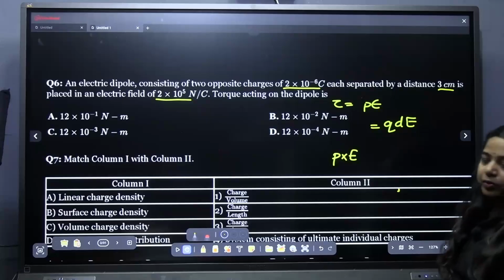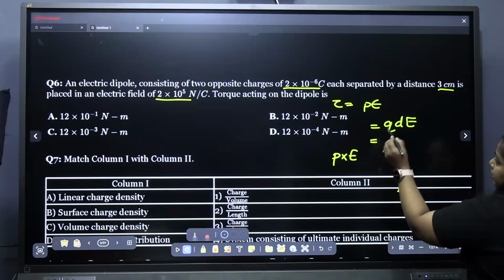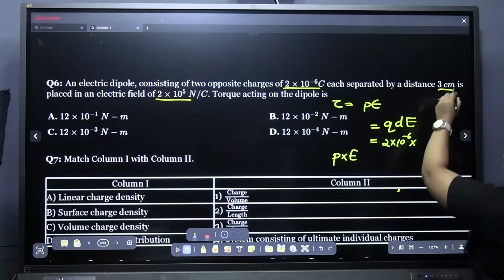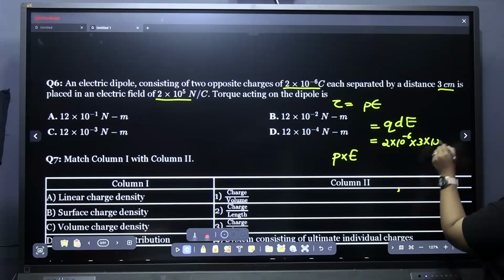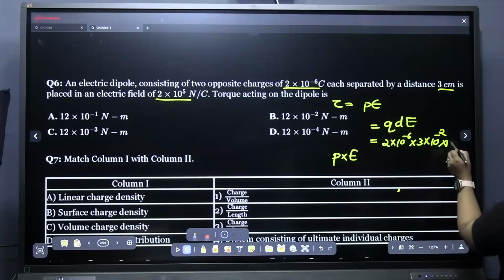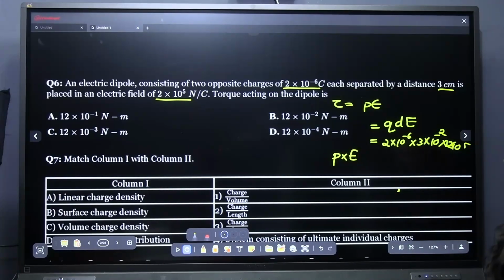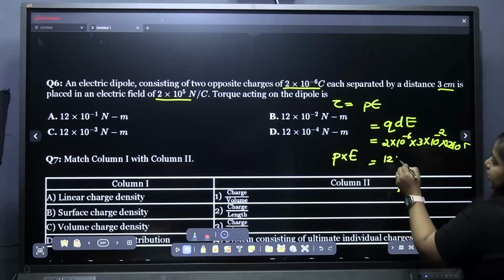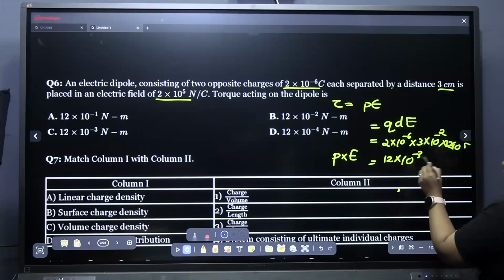So QDE we have to apply. So 2 into 10 to the power minus 6, then D is 3 into 10 to the power minus 2, and E is given as 2 into 10 to the power 5. So the answer is Option 3, 12 into 10 to the power minus 3.